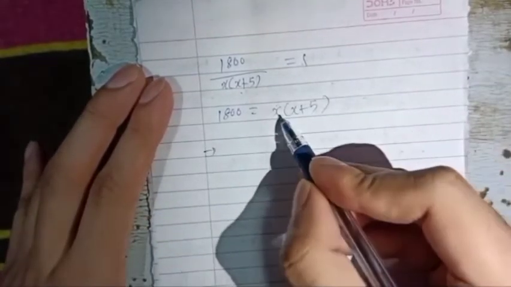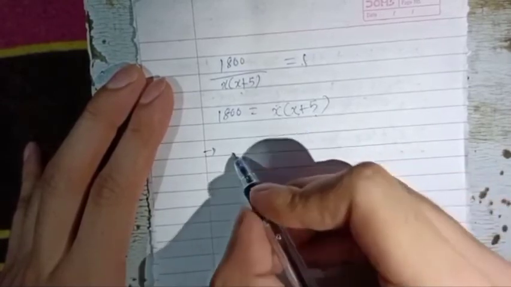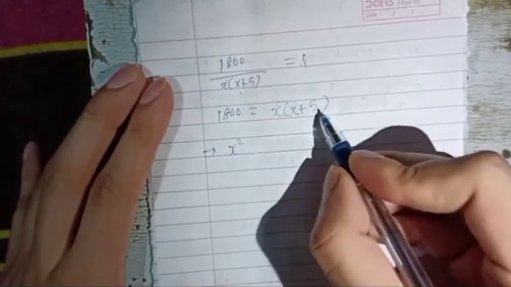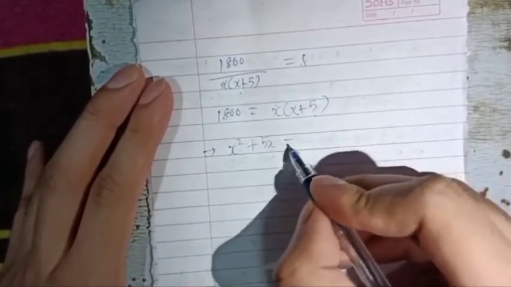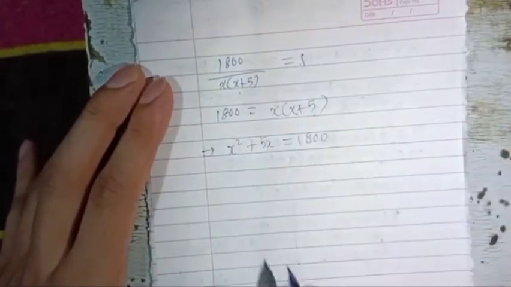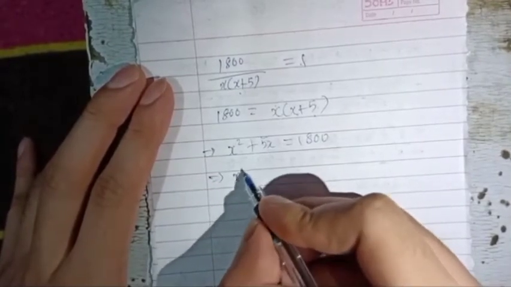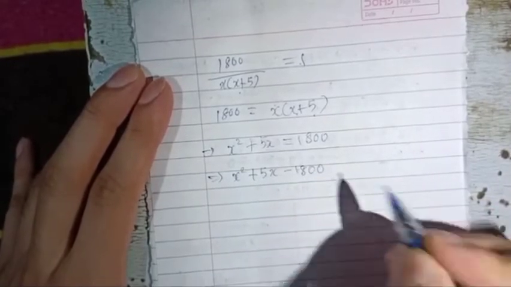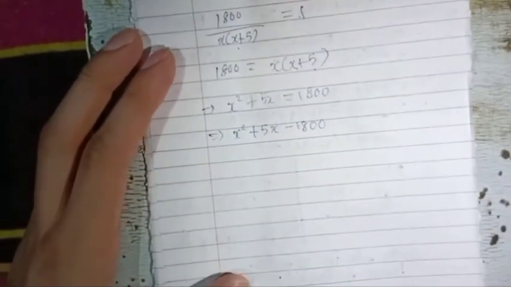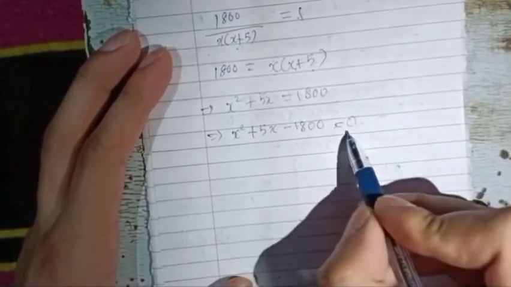Solving the equation, multiplying x inside the bracket, x into x will become x square, x into 5 is 5x, and it is equal to 1800. That means x square plus 5x minus 1800 is equal to 0, so that is the quadratic equation.